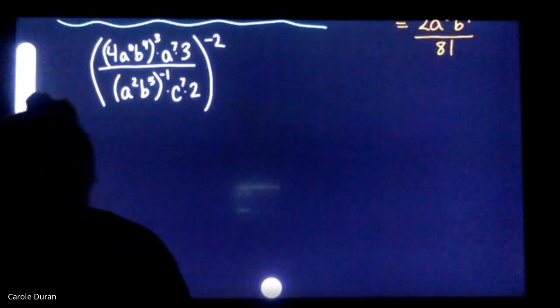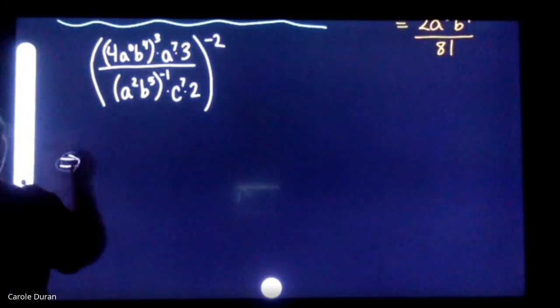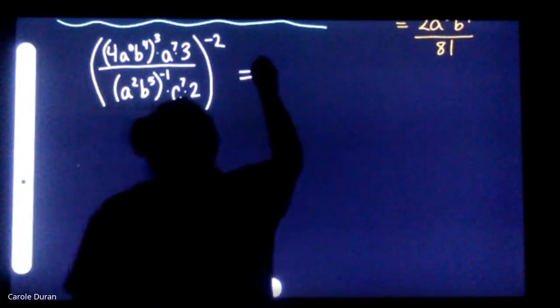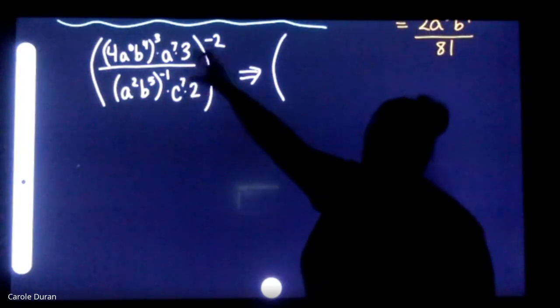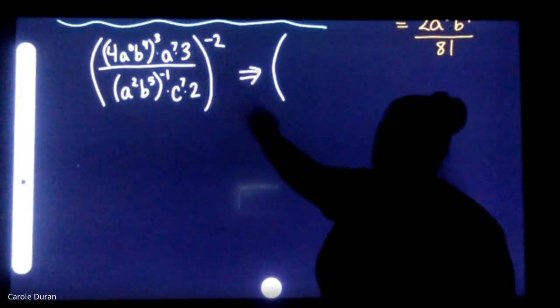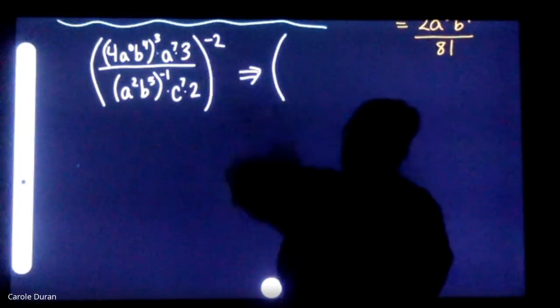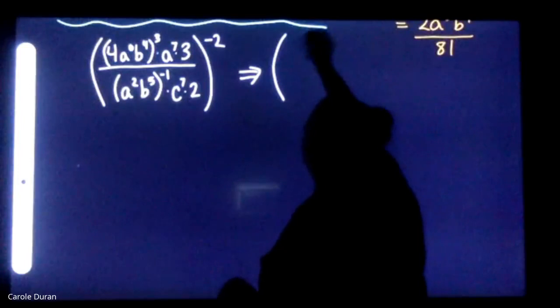Okay, so my first step is going to be taking everything from the denominator and putting it up in the numerator, and everything from the numerator and putting it in the denominator, because that negative means that everything needs to switch places. And then it's going to become to the +2 power.